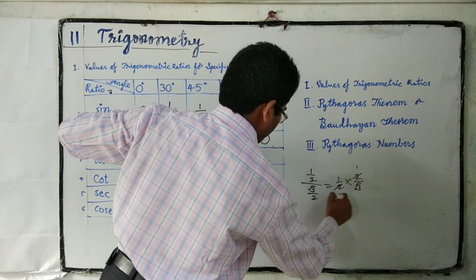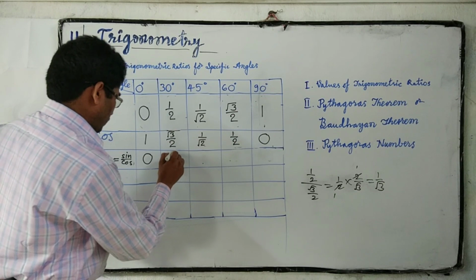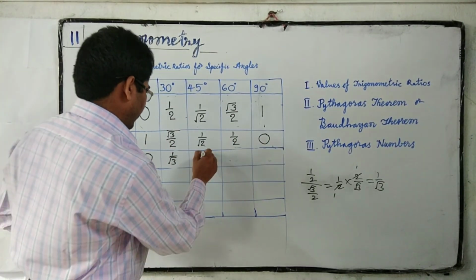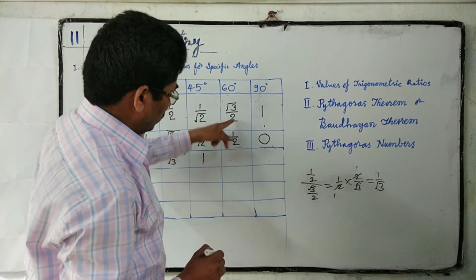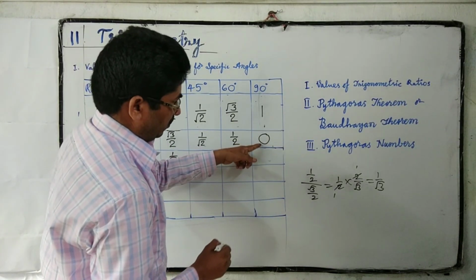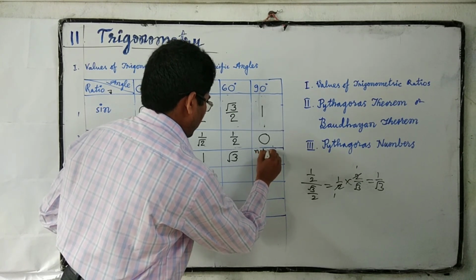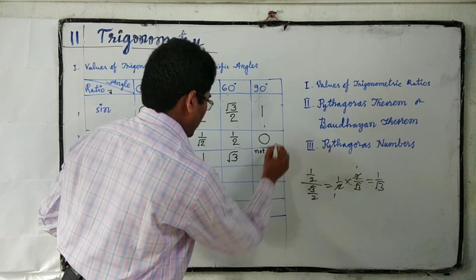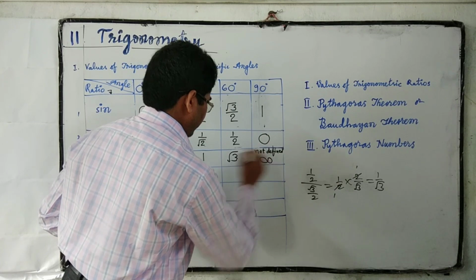The 2s cancel, 1 by root 3. Root 3 by 2 by 1 by root 2 gives 1. Then root 3 by 1 is root 3. Then 1 by 0, not defined, which means infinite.